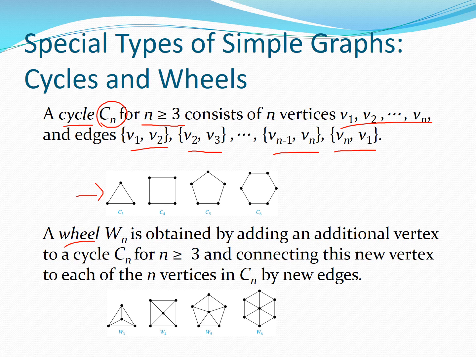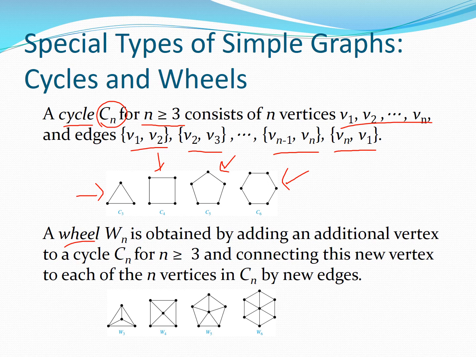Here we have 3 vertices, V1, V2, V3 in a cycle. You have an edge from V1 to V2, V2 to V3, and then V3 back to V1. Here is an example of a cycle with 4 vertices. Here is an example with 5 vertices and 6 vertices respectively.